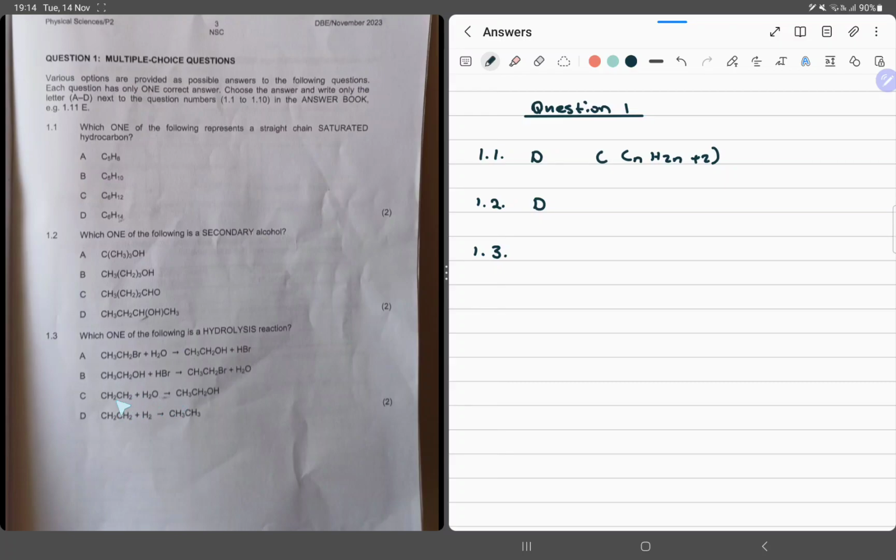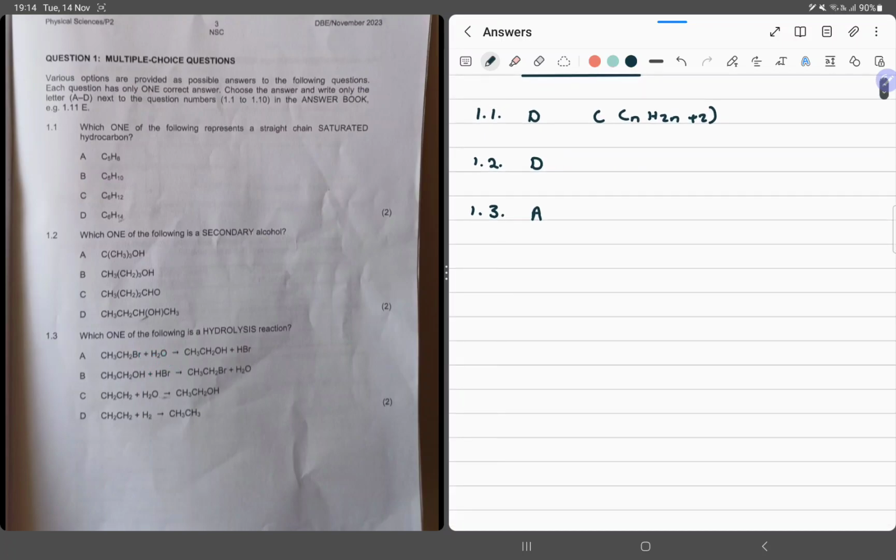Again here you will see CH2CH2, an alkene, ethene, plus water, and this is essentially an addition reaction. So we don't call this one hydrolysis, we call it hydration actually. Then the last one, we are basically doing hydrogenation. So that means 1.3 is A. A is a substitution reaction with water as a reactant. That's the idea here.